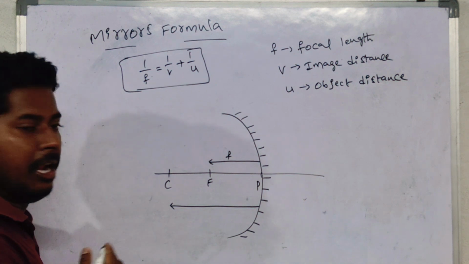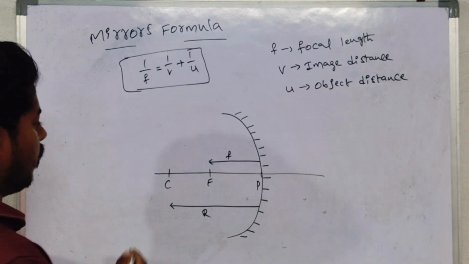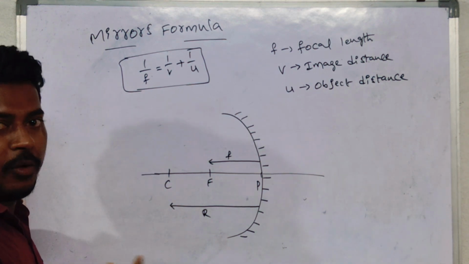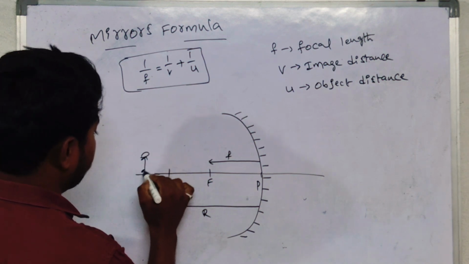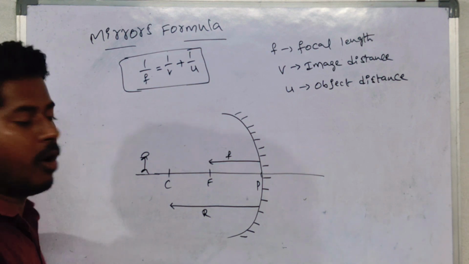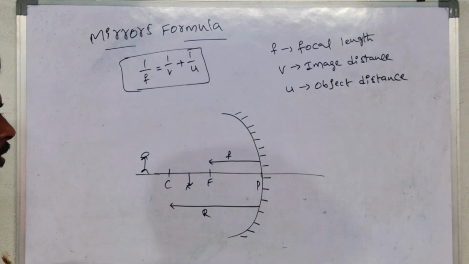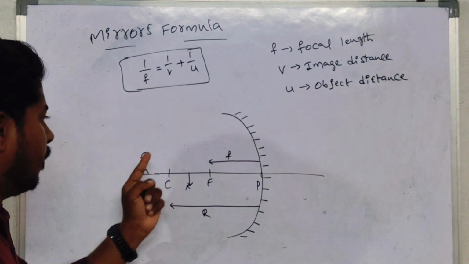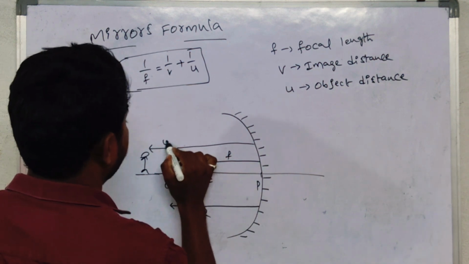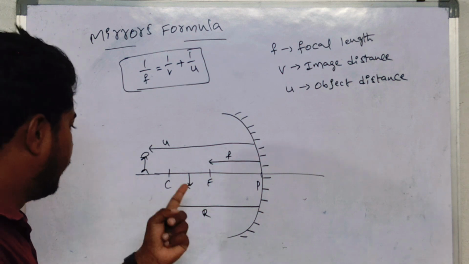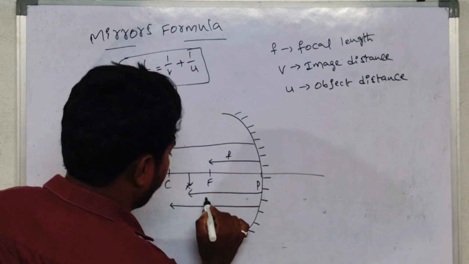It is denoted by capital R. Suppose your object is placed here, then your image is going to be formed in between the center of curvature and focus. The distance of the object from the mirror is denoted by u, and the distance of the image from the mirror is denoted by v.